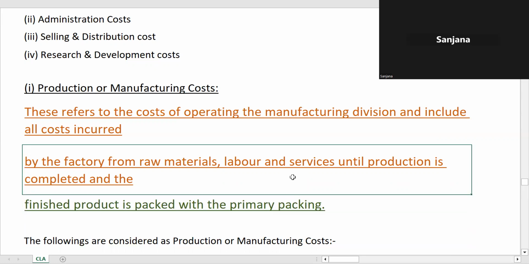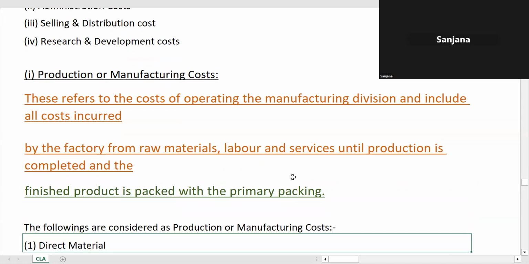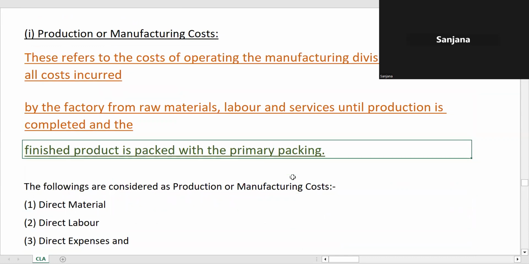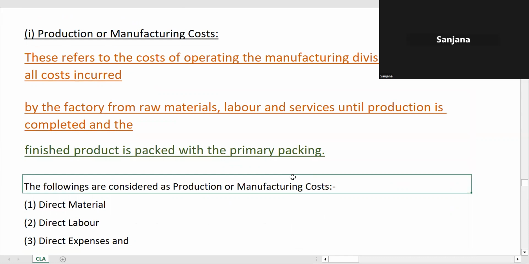So they have said here that the finished product is packed with primary packing. It means till the goods go out of the factory, till that time, factory cost will include all that.